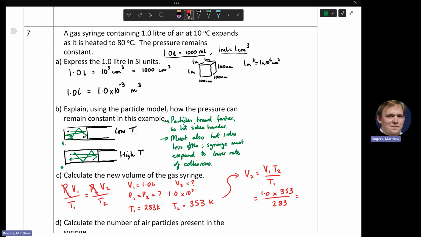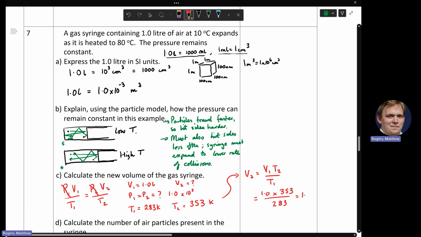So that's 1.24, so we're going to put 1.2 litres. And if we've done it in meters cubed, of course, that means it's 1.2 times 10 to the minus 3 meters cubed.